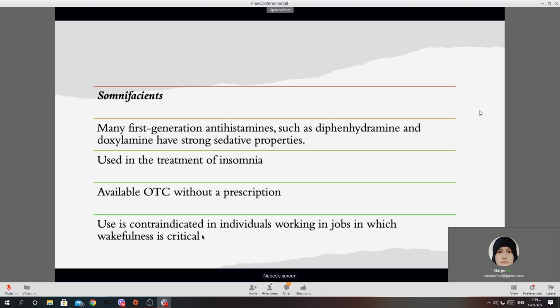If you are a student or a worker and your work requires alertness, or if you are driving, for example from home to work, in that case you need to avoid first generation antihistamines. Even if you don't have a choice, you need to give up the first generation and use an alternative, the second generation drugs.